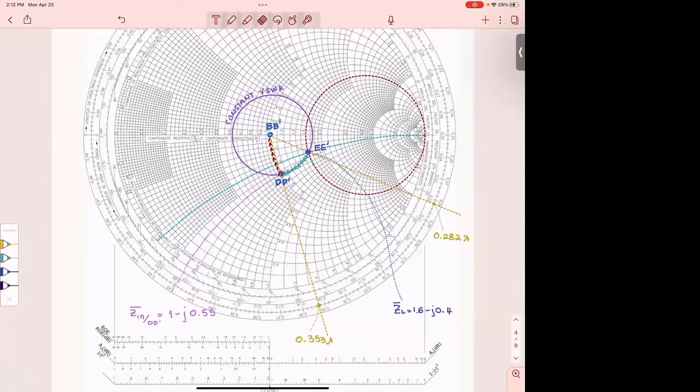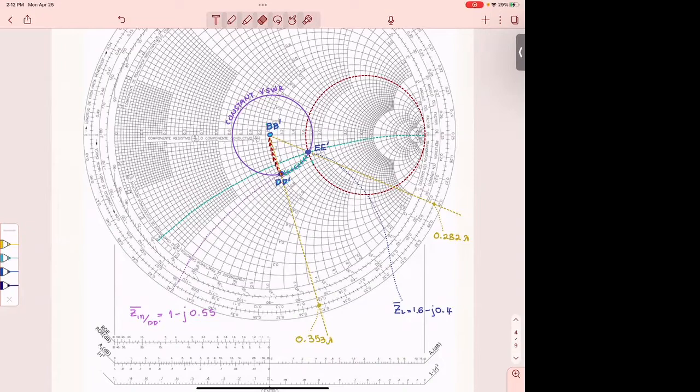That's where you read distances. And you read a number here, which is 0.282 lambda. You write that. Then you go to the point you reached after you move. You connect the center of the Smith chart to DD prime, and extend this line until you hit the outer rim. Then you read this number, which is 0.353.